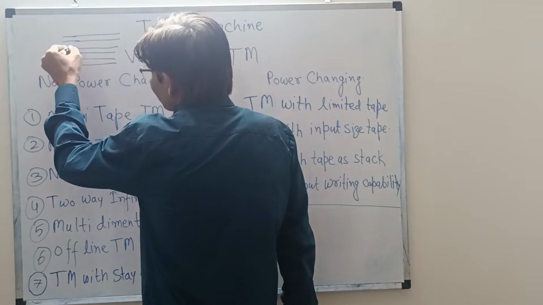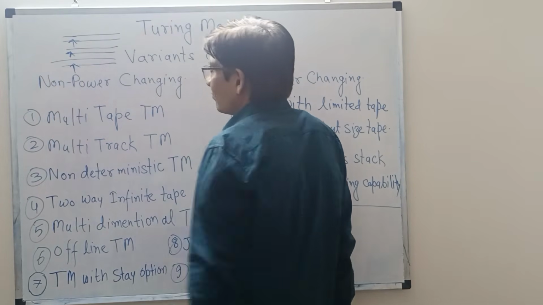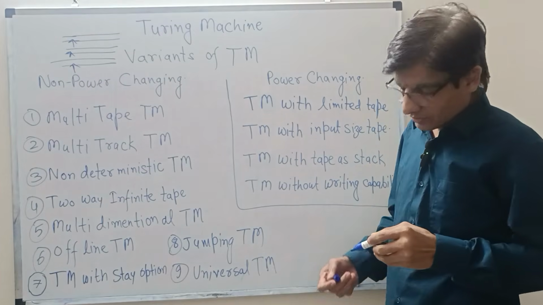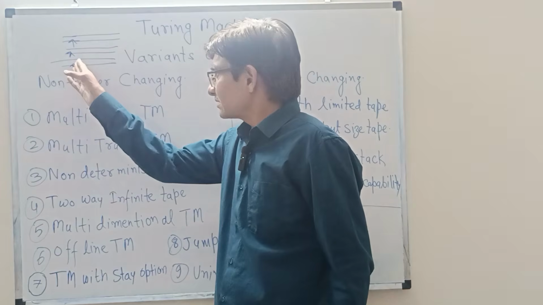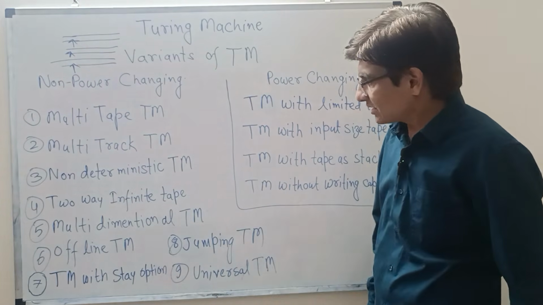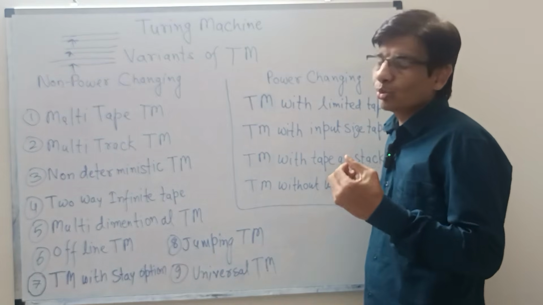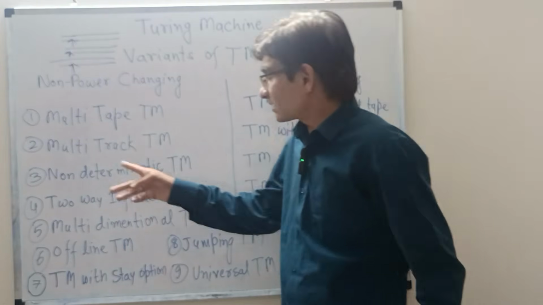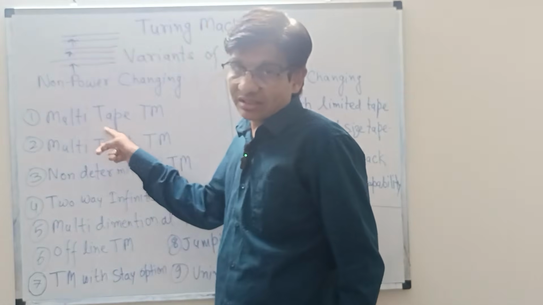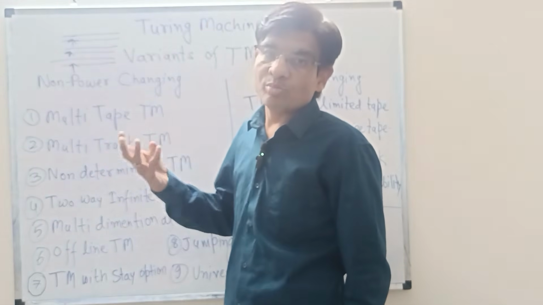So for each tape, one read-write head would be there in the Turing machine. So this is the meaning of multi-tape Turing machine. Here you can have more than one tape, and in comparison to single tape Turing machine, multi-tape Turing machine may be faster.